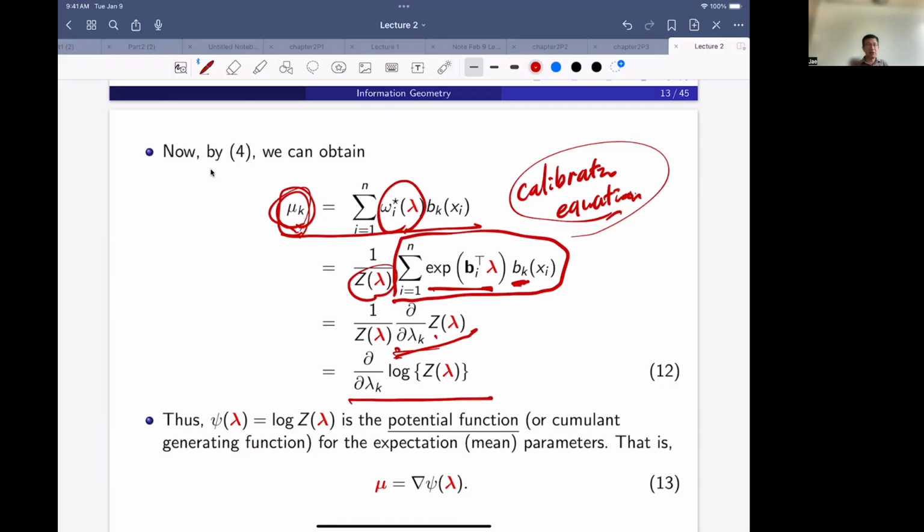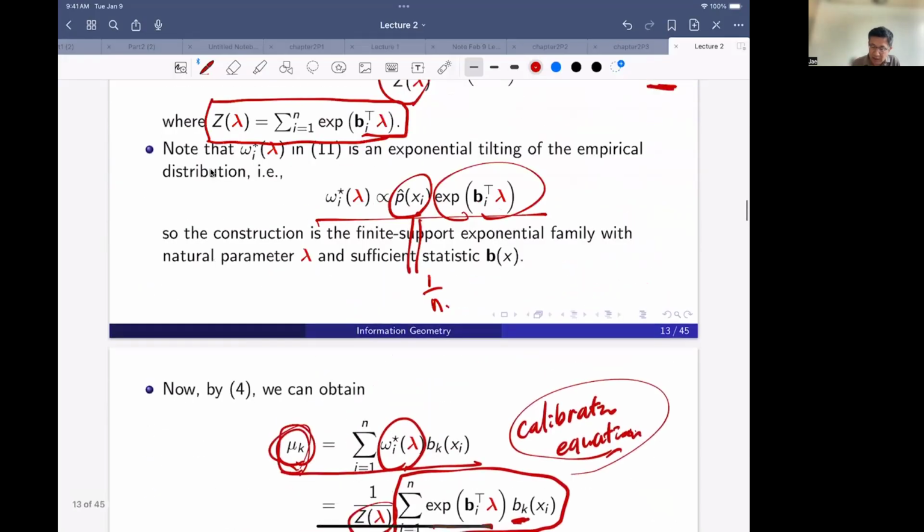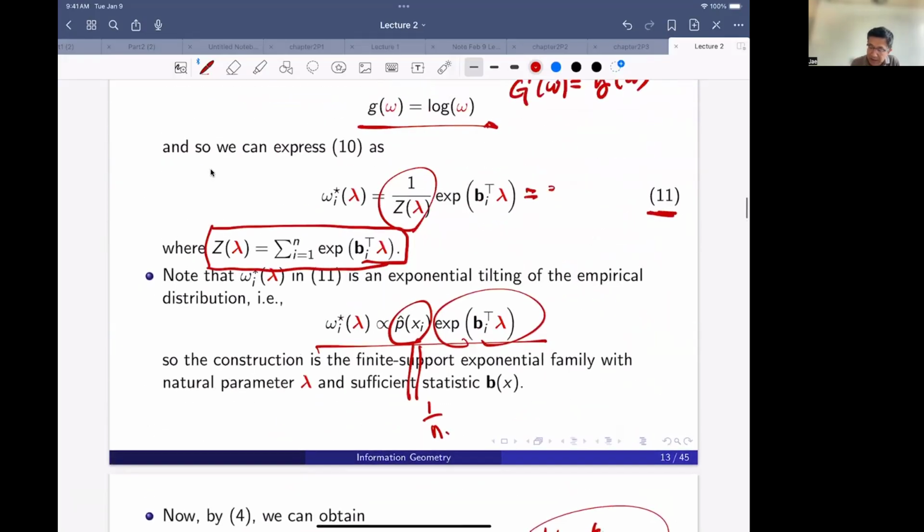So that is interesting, because what is the log z? Well, you can write it as an exponential function of pi transpose lambda minus psi lambda. That's what we used in the definition of exponential function, right?